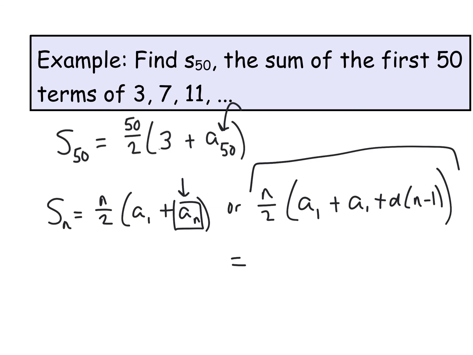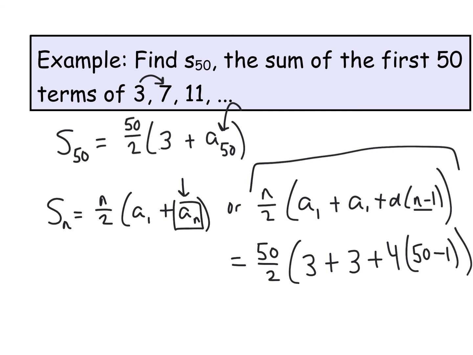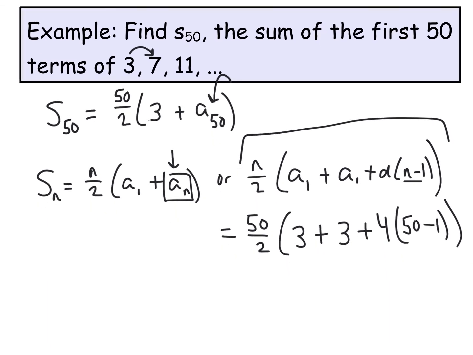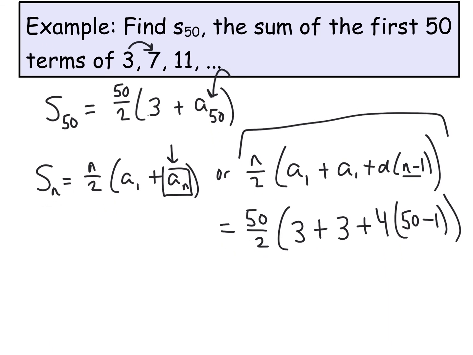Let's see what we got. n over 2, 50 terms, so 50 over 2. A1 is 3, plus another 3, plus this sequence's common difference of 4, and then the n minus 1 is 50 minus 1. We can just simplify this expression to get the sum without needing to find that 50th term. So 50 over 2 is 25.